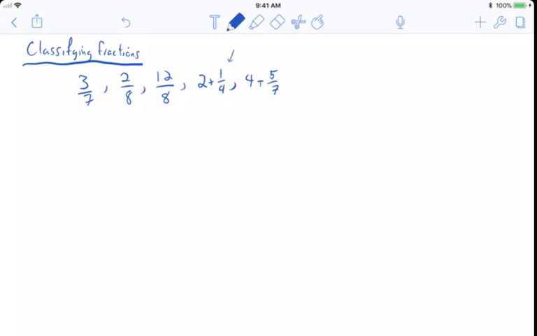So fractions are numbers that can be represented as one number divided by another number. So for example, the number a half is represented as 1 divided by 2. The number a third is represented by 1 over 3, etc.